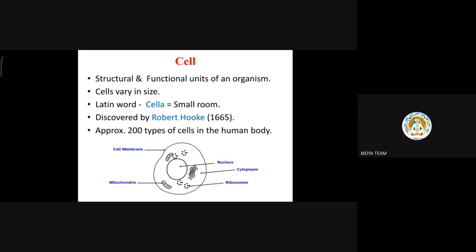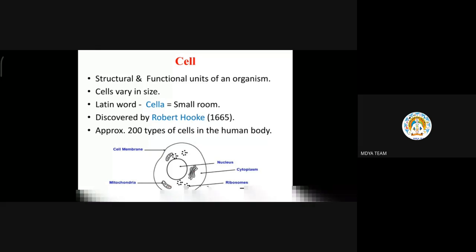And approximately 200 types of cells are there in the human body. The most important information in this slide is who invented and in which year. Great scientist Robert Hooke invented cell in 1665. Here I have put a very basic structure of cell that contains cell membrane, nucleus, and some of its organelles. Now we will go for further details.